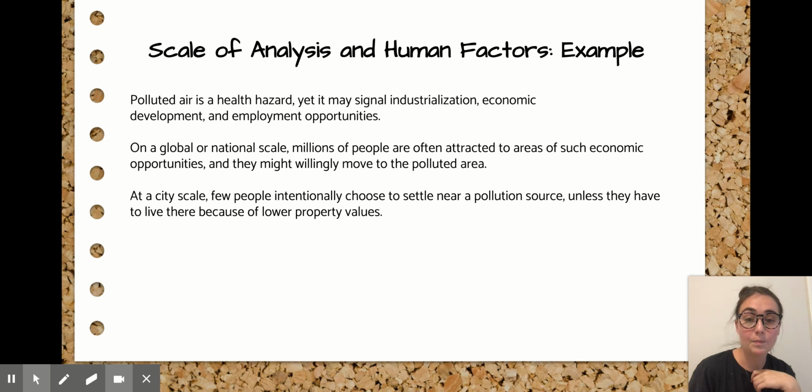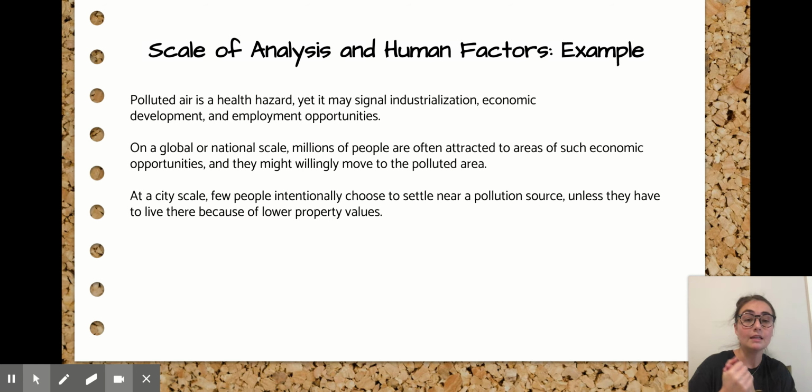And so it says on a global or national scale, millions of people are often attracted to areas of economic opportunities, and they might willingly move to that polluted city or whatever. But within the city, at a city scale, few people intentionally choose to settle near a pollution source unless they have to live there because of lower property values and poverty.